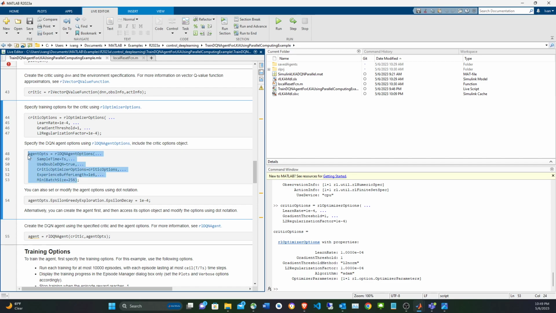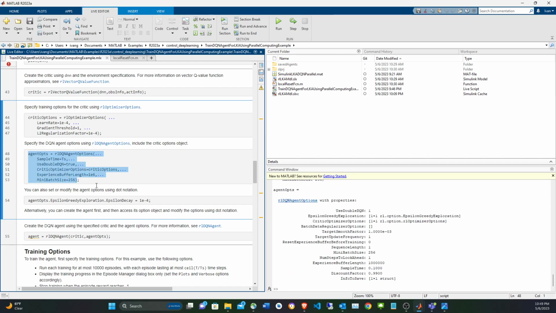So we have the options of the agent, and this epsilon greedy exploration strategy is basically the decay, because initially you don't want to be greedy, you want to explore as much as possible. It could be randomly, or it could be to explore sections of the experience that lead you to a better distribution of your training data. It could be any strategy, but anyway, you don't want to be greedy at the beginning. So that's what this epsilon decay is for.